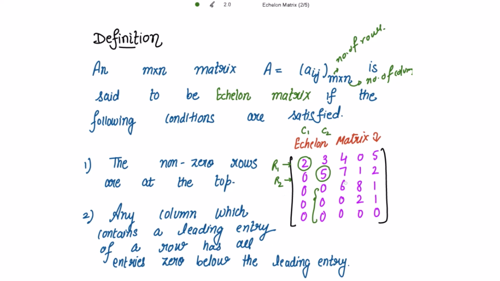For the third row, we have 6 and all entries below 6 are 0. For the fourth row, the leading entry is 2 and the entry below 2 is 0. And the fifth row has no leading entry, as there is no non-zero entry present in it.